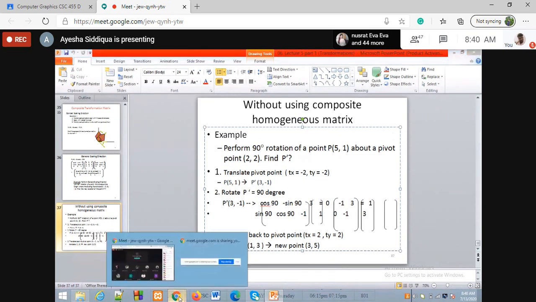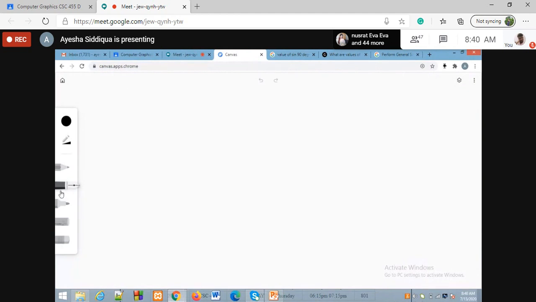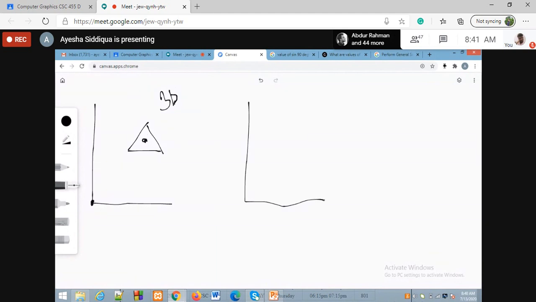In case of 3D, if this was the object, you had brought this pivot point to the origin, right? Then you performed the transformation. That was for 3D or homogeneous coordinates. But if you have to consider this pivot point and work with the 2D transformation, then how do you calculate?